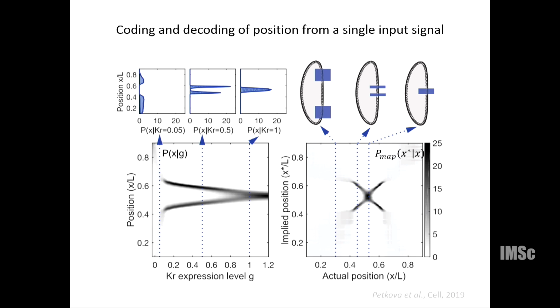So it's like saying for a given position, you give the implied fate. But what I would like to make clear with this picture is that with such an input signal, there is just one position where the cell could unambiguously figure out its position.